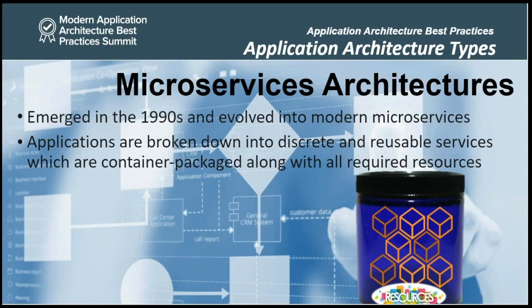And they are basically put into a container along with all the resources they need to run. Runtime libraries, location of various storage and other resources. They're ready to rock. And they need to be called upon, and when they're called upon, they get out there and they do their thing.